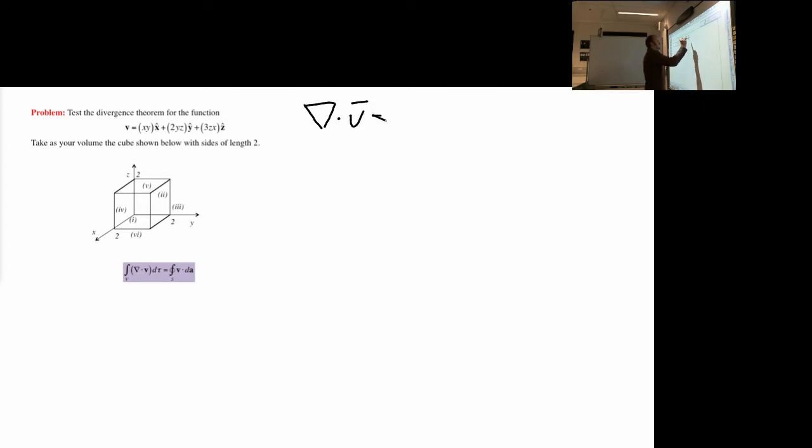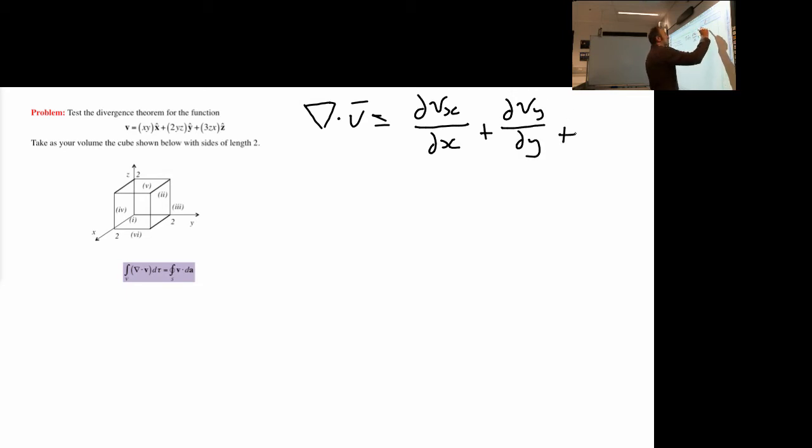If you recall, it's equal to the derivative of our vx component with respect to x, plus the derivative of our vy component with respect to y, plus the derivative of our vz component with respect to z.